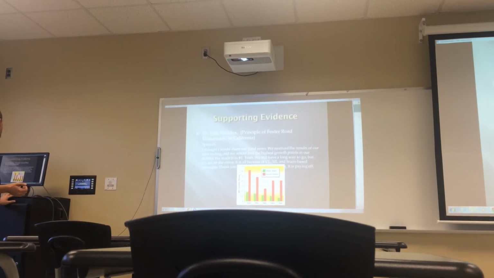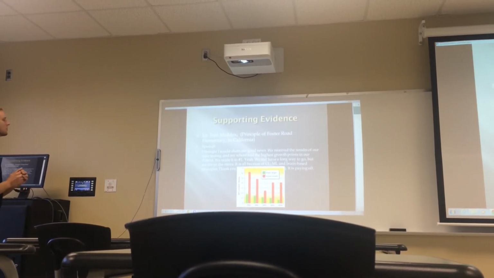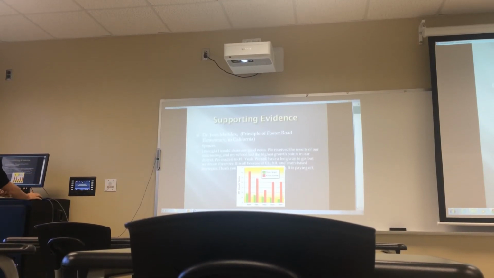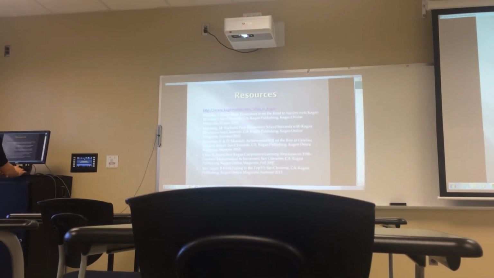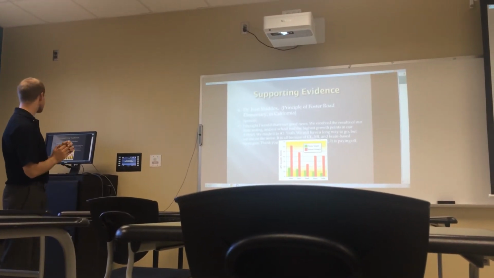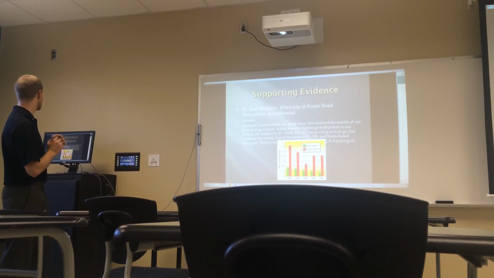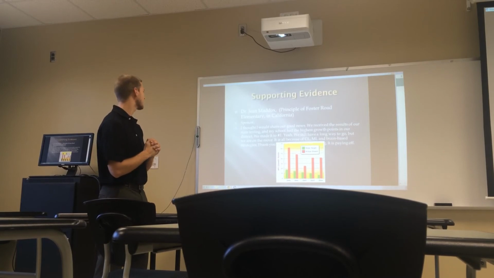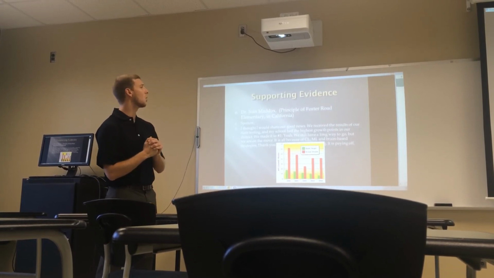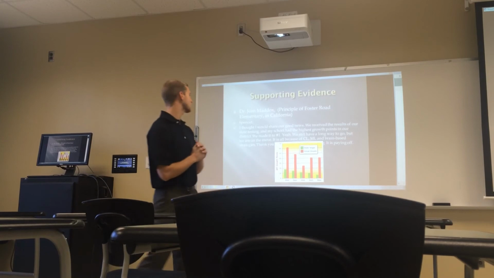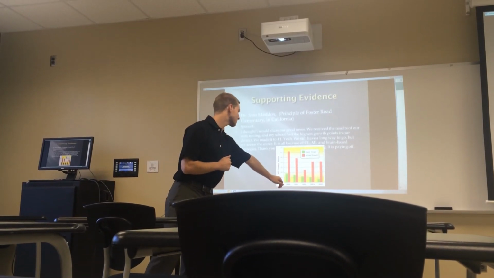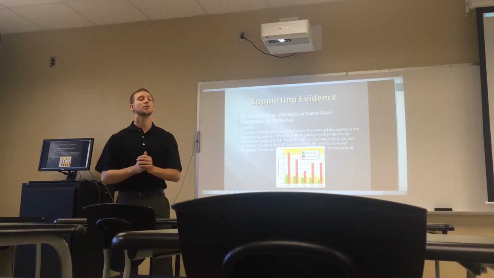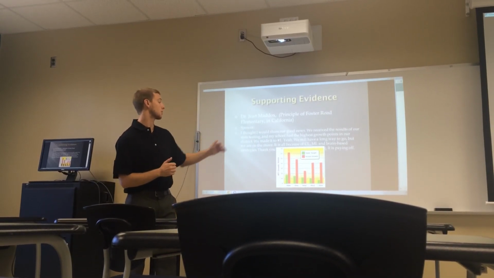So this is just supporting evidence. This was one of the better articles that I found online. This was an elementary school in California that implemented Kagan structures in, I believe, 2001. By 2004, you can see the green is what the state wanted them to be at, the state target for their growth from their scores, and that was their actual growth.